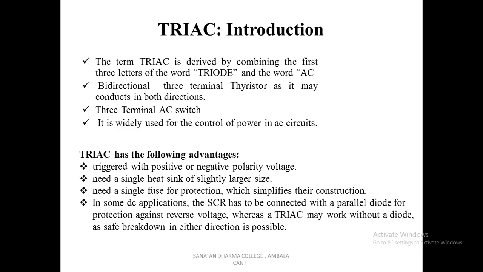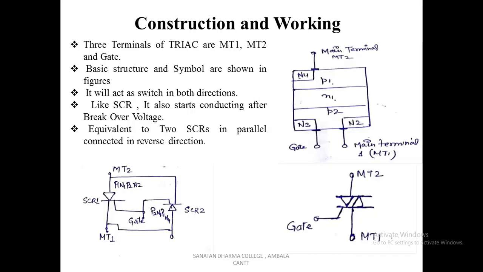In some DC applications, we need to connect a parallel diode with SCR to protect against reverse voltage, but Triac works without a diode. So when we want to work in the reverse region, Triac is much safer than SCR.